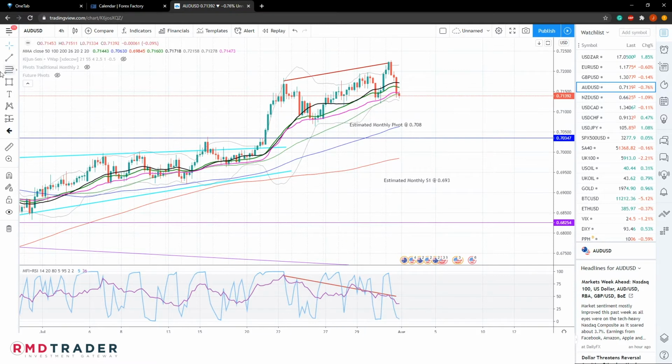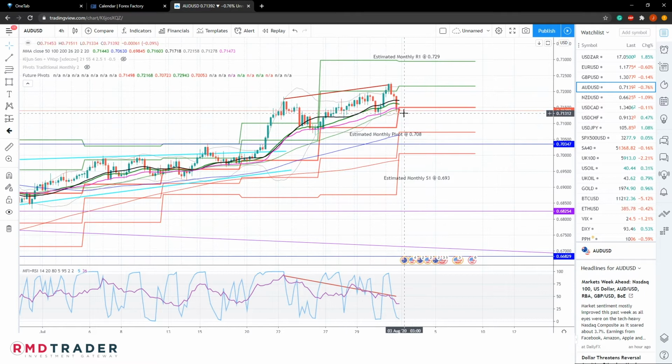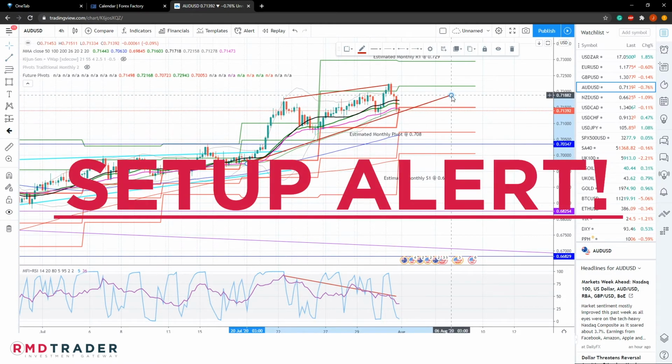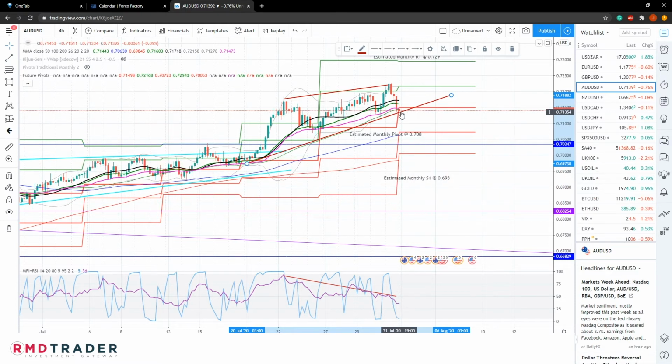Looking at potential targets, just quickly looking at our pivots. At this stage, we are still in a bullish trend. So we still want this trend to break, or if this trend breaks, and that break would probably happen at the 0.715 space. So that would be the area to watch for price action.